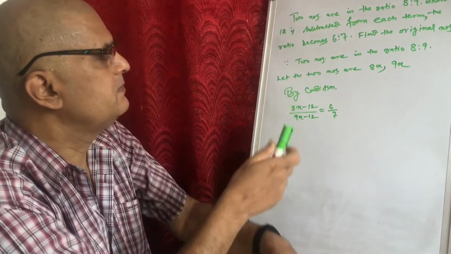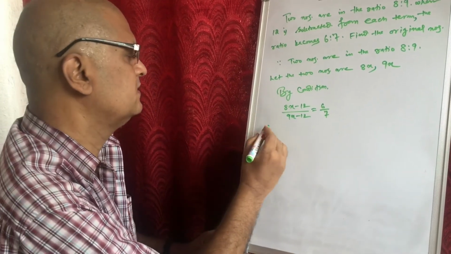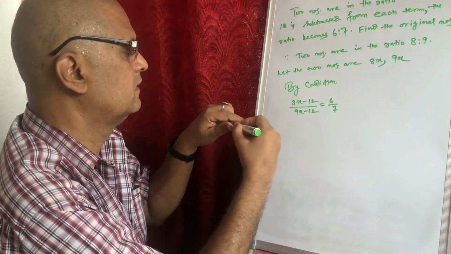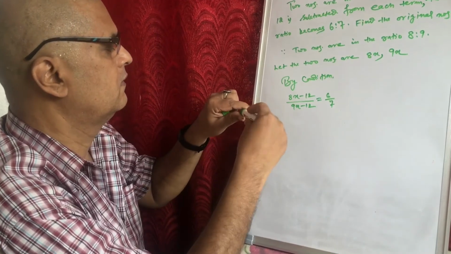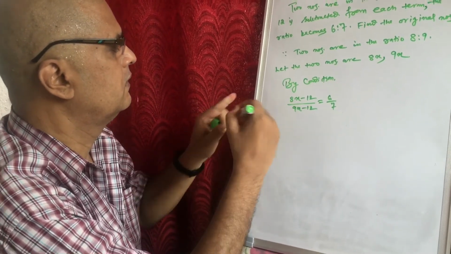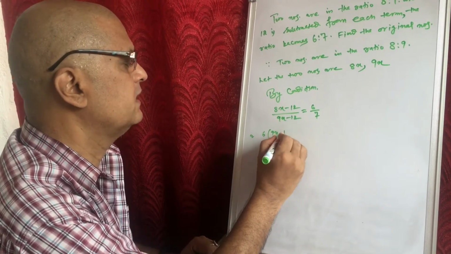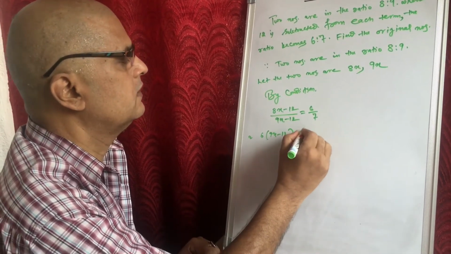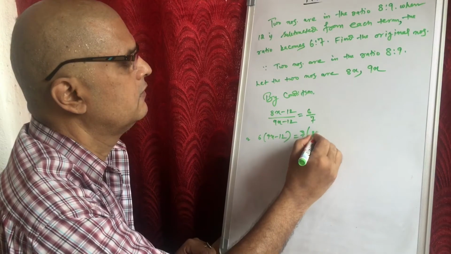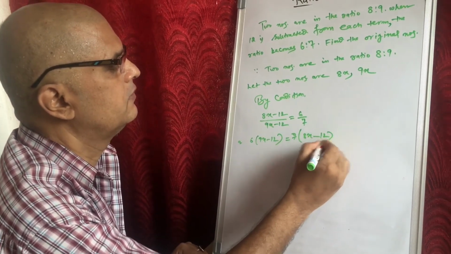Now by cross multiplication it will be like this: 6 into (9x minus 12) is equal to 7 into (8x minus 12).